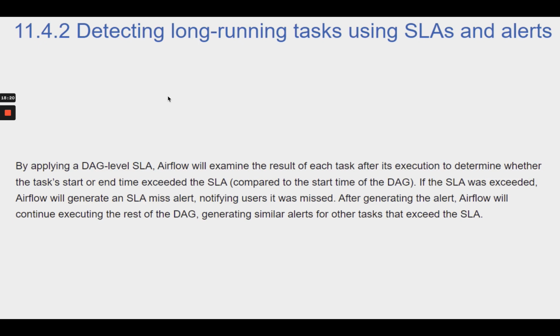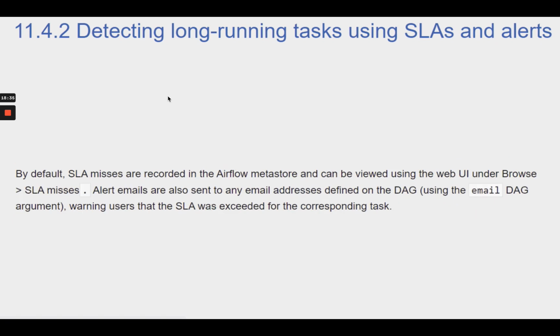If the SLA was exceeded, Airflow will generate an SLA miss alert, notifying users it was missed. After generating the alert, Airflow will continue executing the rest of the DAG, generating similar alerts for other tasks that exceed the SLA. By default, SLA misses are recorded in the Airflow Metastore and can be viewed using the web UI under Browse SLA Misses.